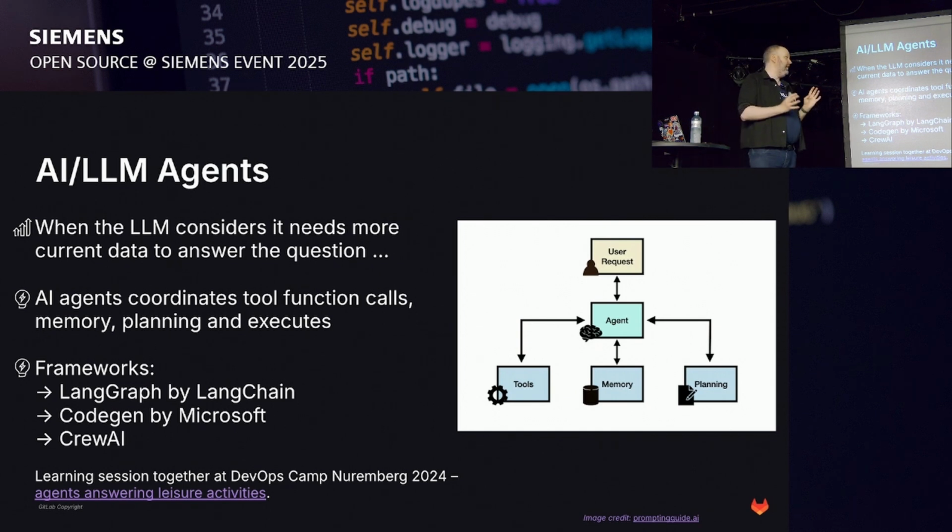So the agents decide, I need to ask an LLM, I need to use a specific tool to fulfill my purpose or the ask that is presented in the prompt, and even do some planning, some execution, some memorizing, caching, whatnot. And this is a very complex thing. The great idea behind that is there are frameworks out there, like LangGraph by LangChain, which the GitLab engineering teams also use, but there's also AutoGen by Microsoft and Crew.ai or CrewAI.